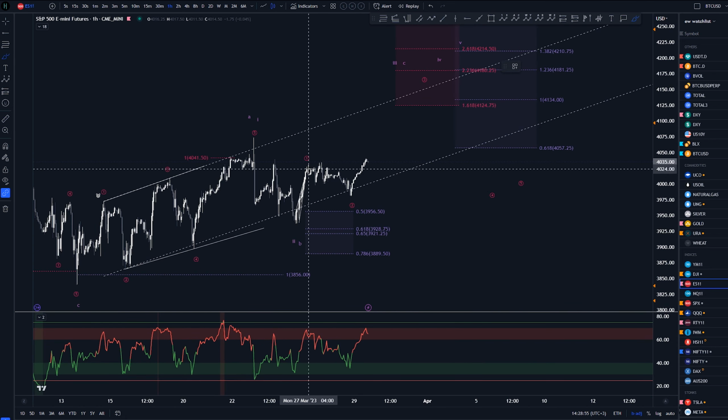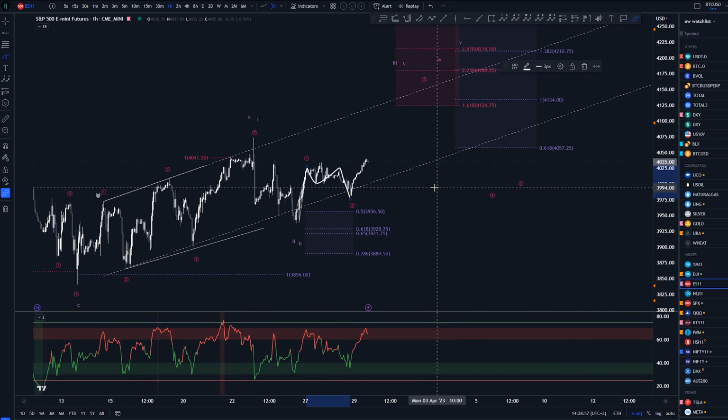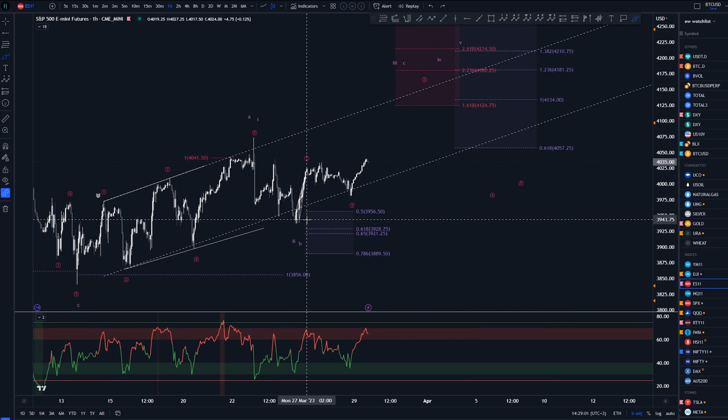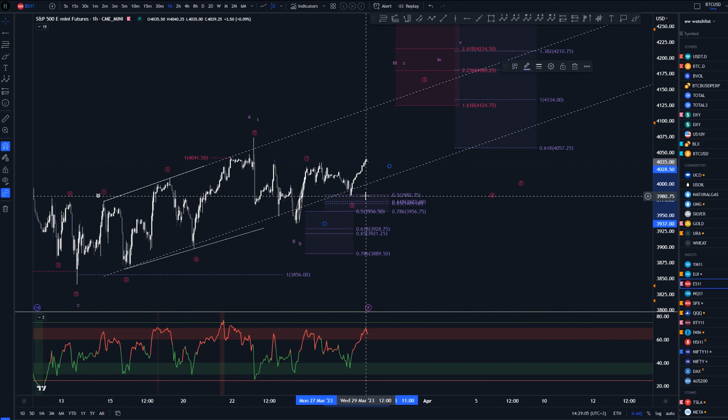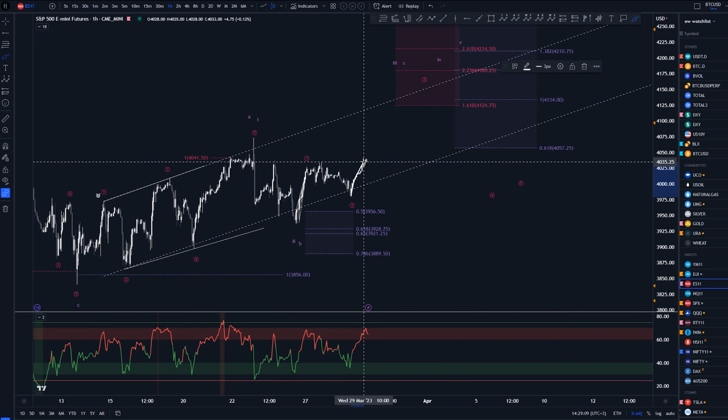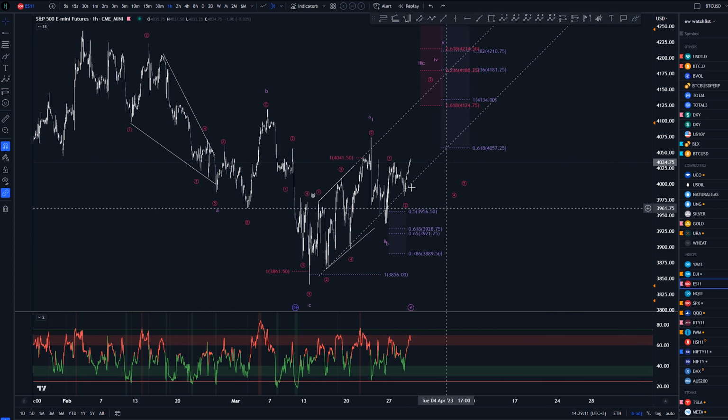So that would be that. Then we would have another 3-wave structure in here, having this as a potential low for a wave 2. This came down to the 50% retracement here, as we see, and then took off during the night. And night for me at least.